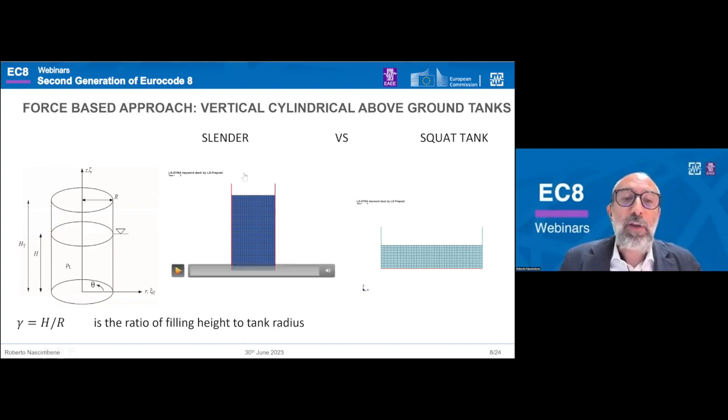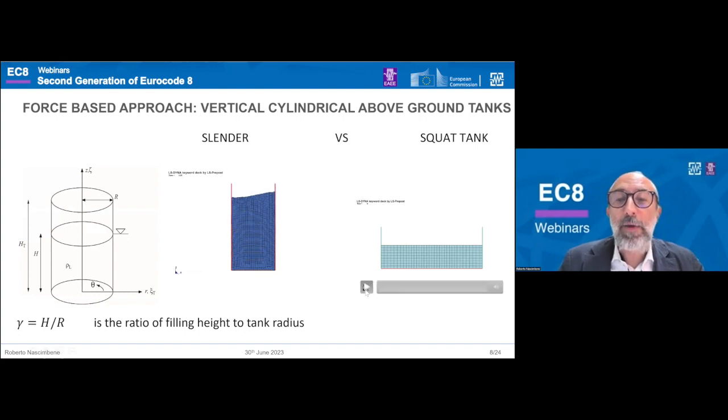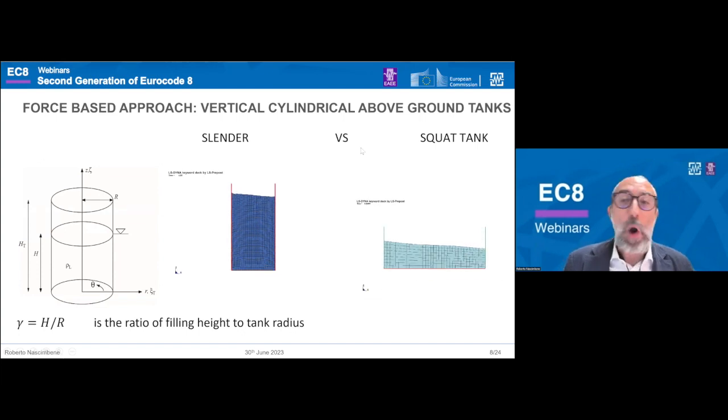Here is just an advanced numerical simulation that shows on the left side a slender tank, and on the right side, a more squat tank. Why am I showing this?